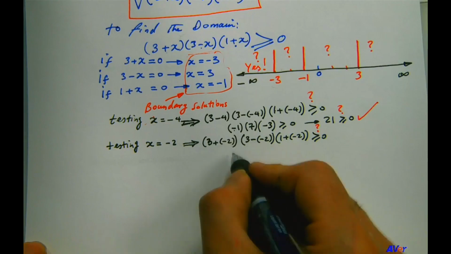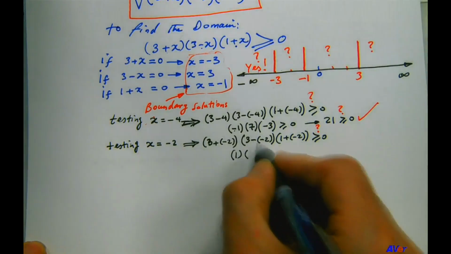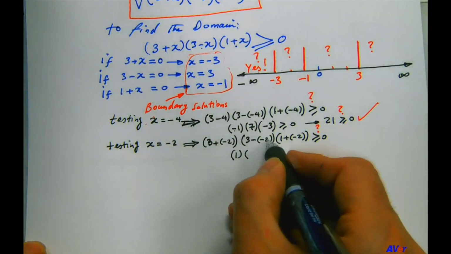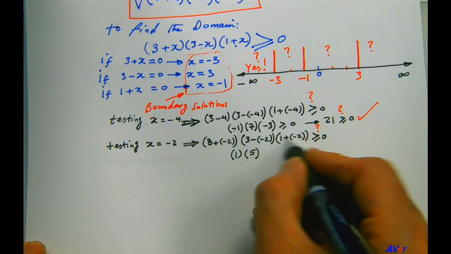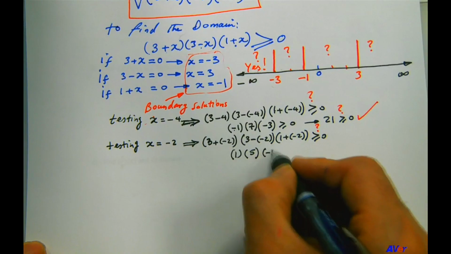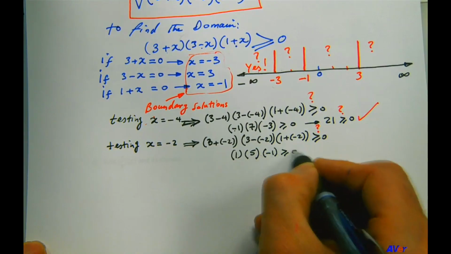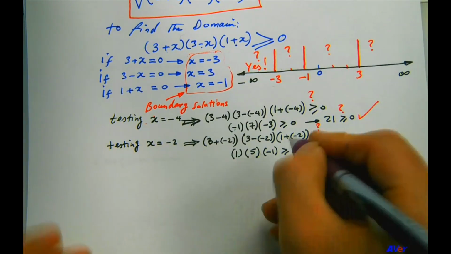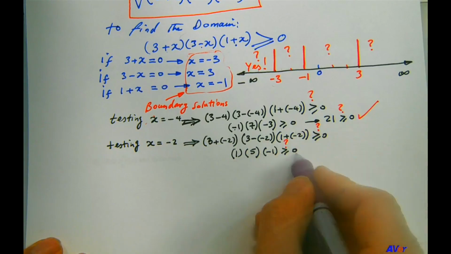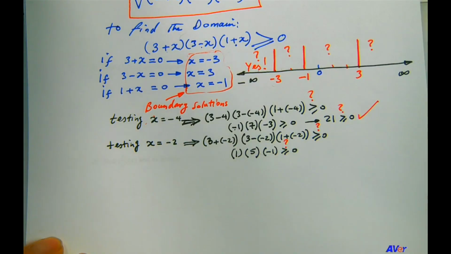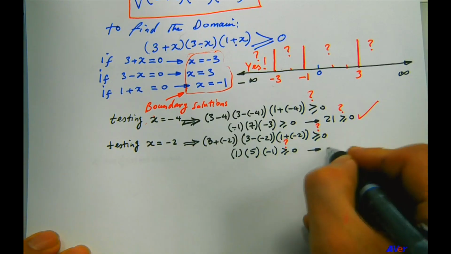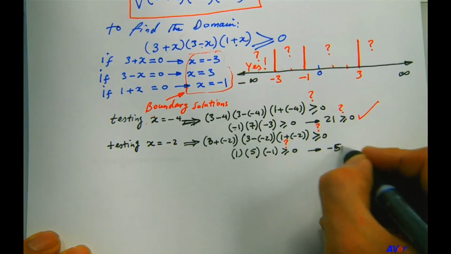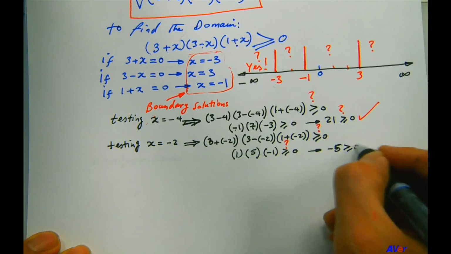3 minus 2 is 1. 3 minus -2, that's 3 plus 2, that's +5. 1 plus -2 is -1. We're asking if the left side is greater than or equal to 0. So we end up with -5 greater than or equal to 0.